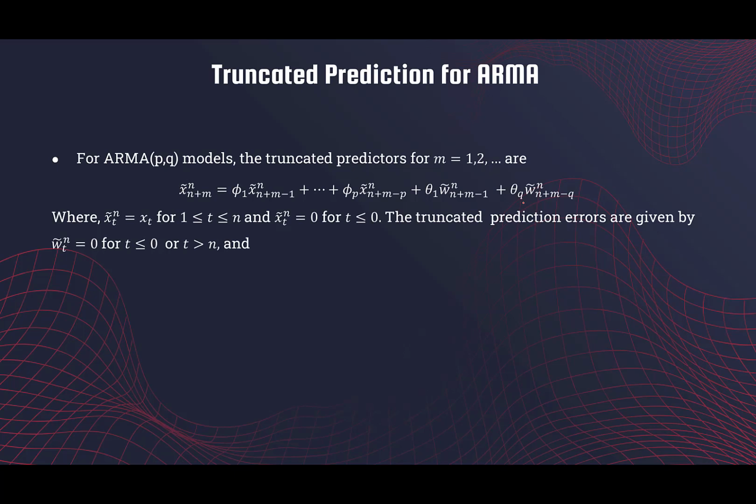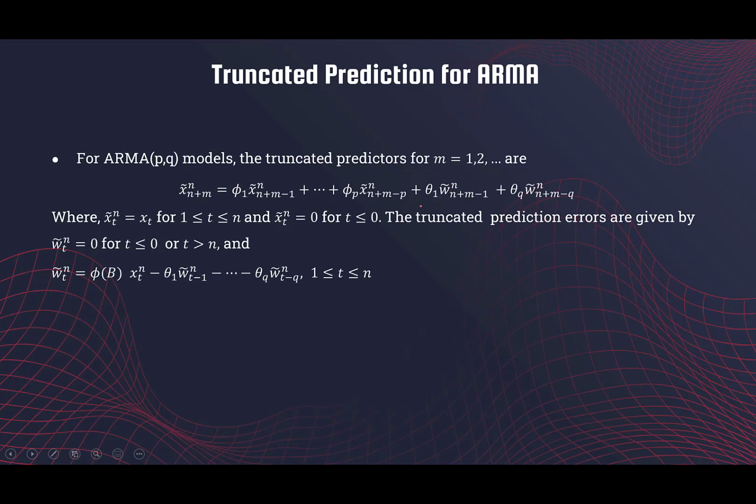Remember these conditions. If we're trying to predict something in the future, so t is greater than n, then w tilde_t^n for t greater than n is 0, right? This is something you need to watch out for. So how are we going to actually predict this w tilde?